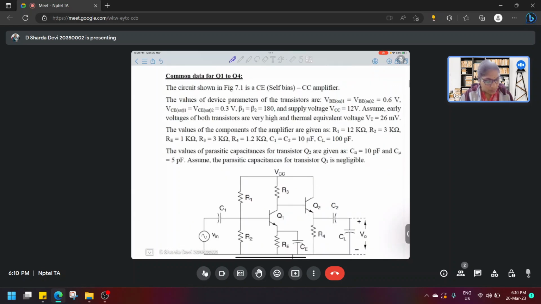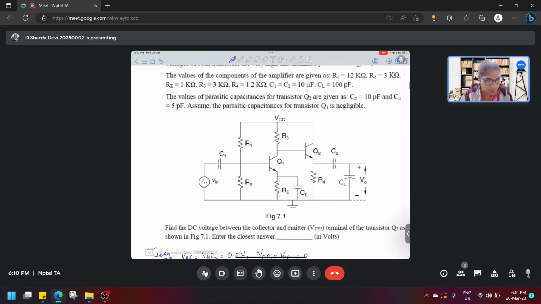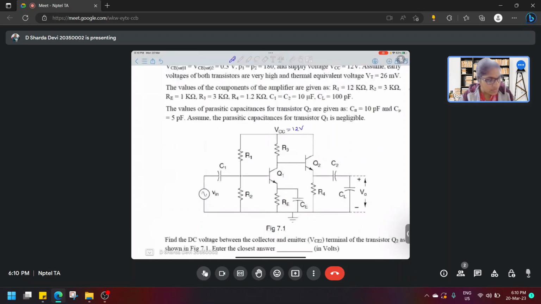VC is 0.3 volts. Beta is 180 and VCC is 12 volts.